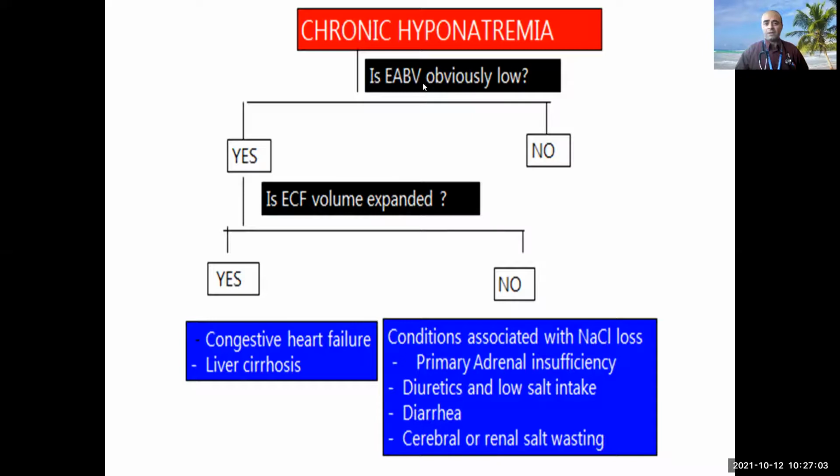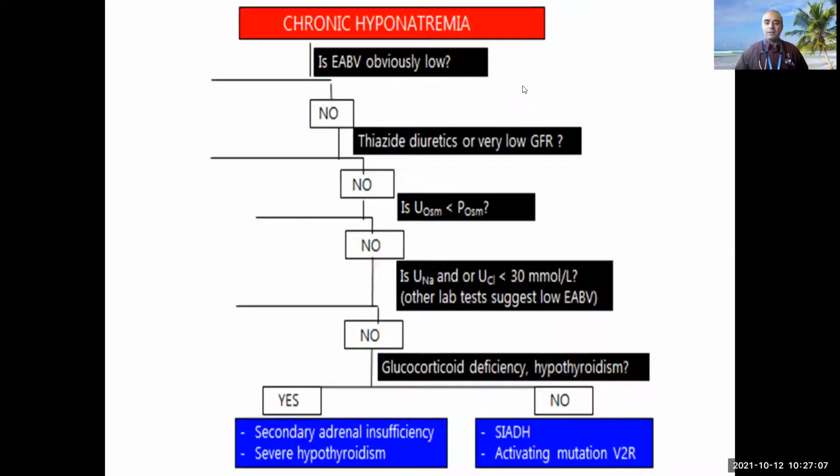If the effective arterial blood volume is not low, your patient is not volume depleted. Second step, just ask your patient if he is on any medications, thiazide diuretic, and check your creatinine and GFR. Is the GFR low? Is the patient on a diuretic? If no, you go to check urine and plasma osmolarity. Is the urine osmolarity less than the plasma osmolarity?